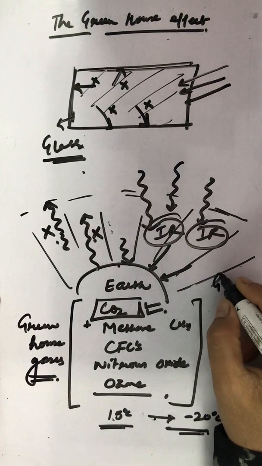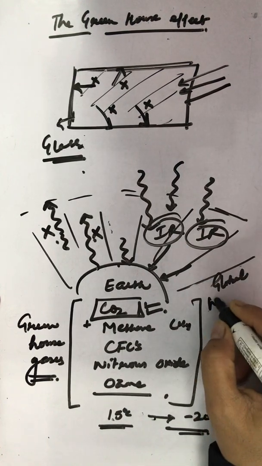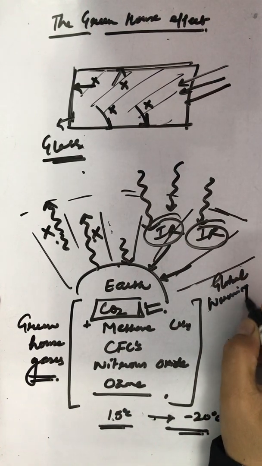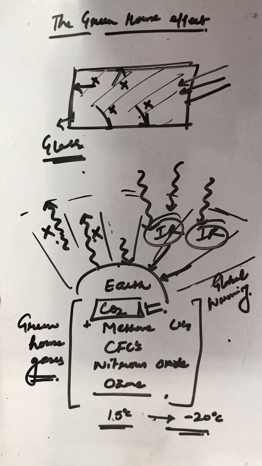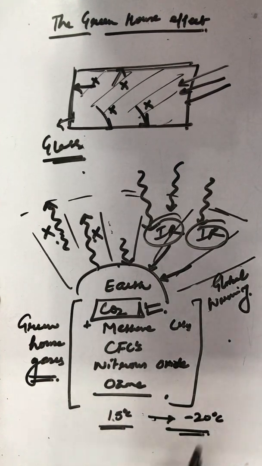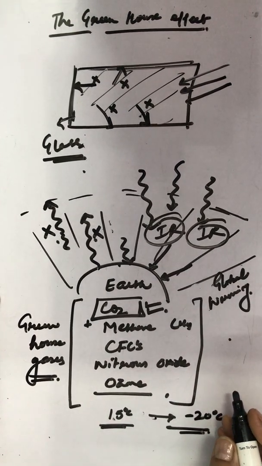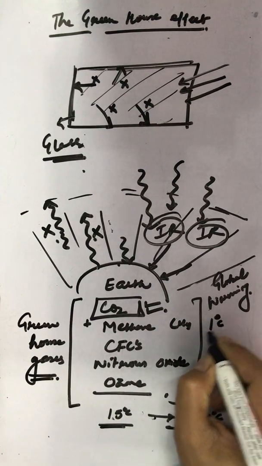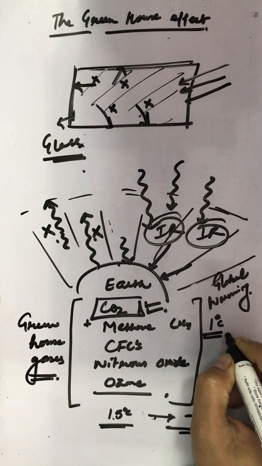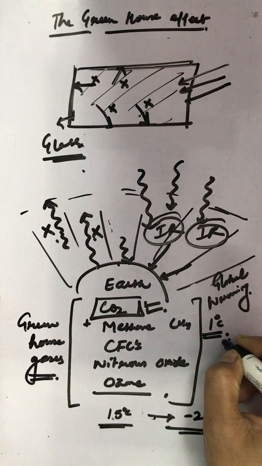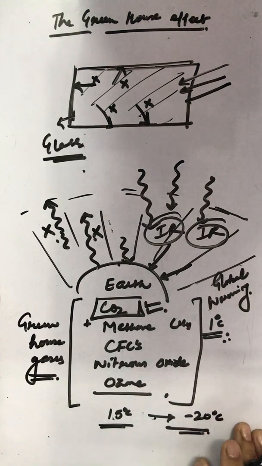Right? This is the phenomenon of global warming. What are the harmful effects of global warming? If there is an increase in temperature of the earth even by 1 degree Celsius, it can lead to the melting of polar ice which is present on the poles of the earth.